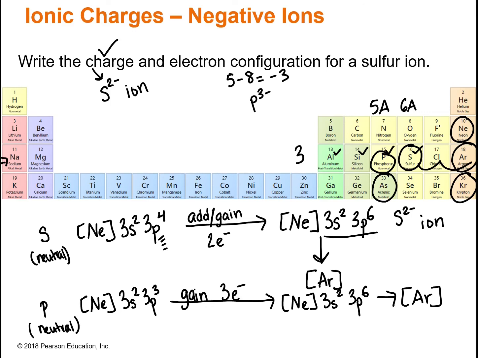Now for another example. Fluorine. It's in group 7A.